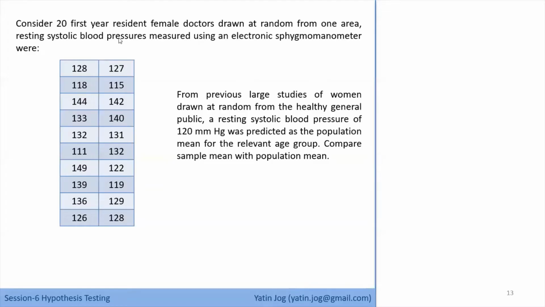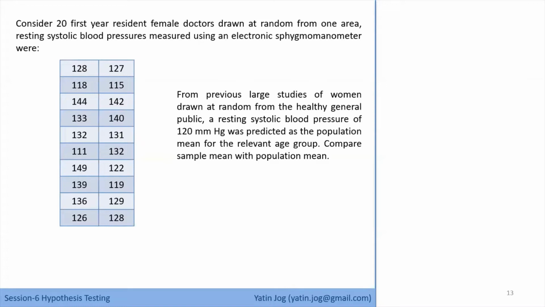Consider 20 resident female doctors drawn at random, and I have some systolic blood pressure values. Using some device, I have taken the blood pressure values. These are the 20 blood pressure values of those 20 resident female doctors. I want to check whether the mean blood pressure is 120, because that is my assumption: normal blood pressure should be 120.